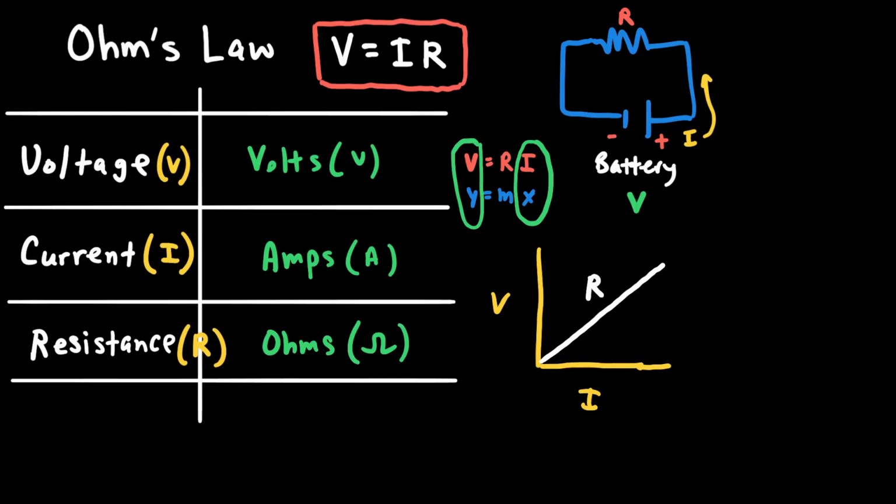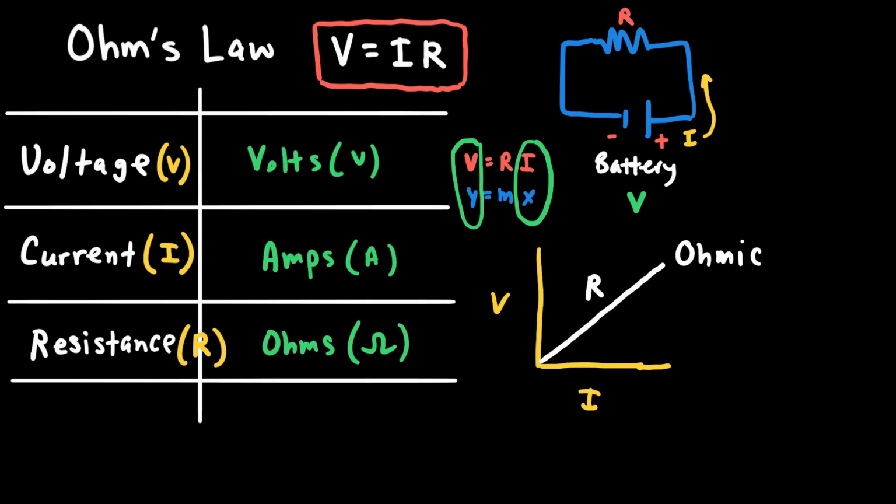And we're going to call materials that, when I plot the voltage as a function of current, give this constant value of R, a constant resistance, ohmic. O-H-M-I-C. And then there are materials that, as I vary the voltage and the current, the resistance isn't constant.